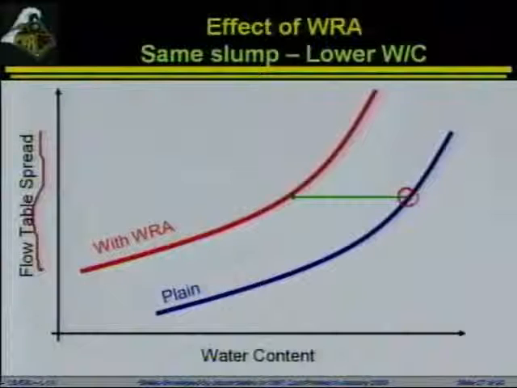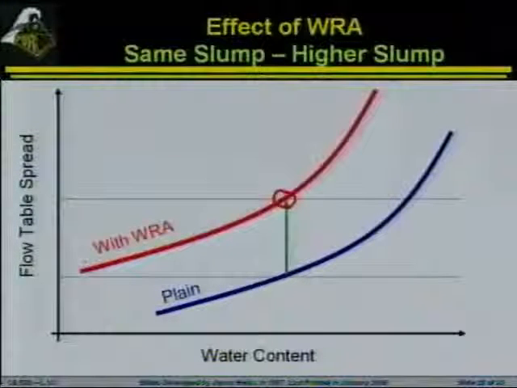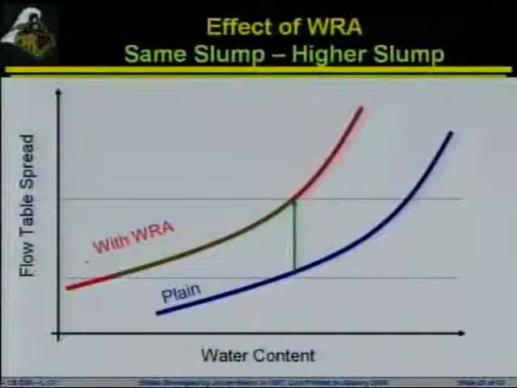As you move from the plain system over to the system with the water reducer, you will notice that we will drop the water content. As we drop the water content, you can either have the material with a higher slump, or you can come back to the material with the same slump and a lower water-to-cement ratio.